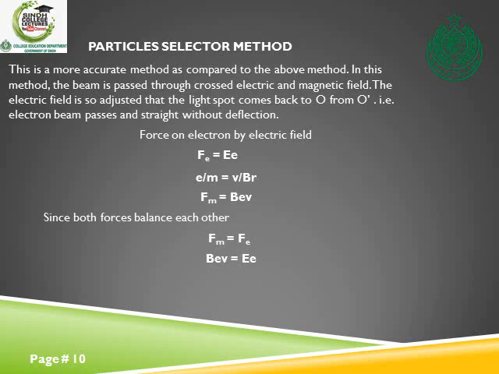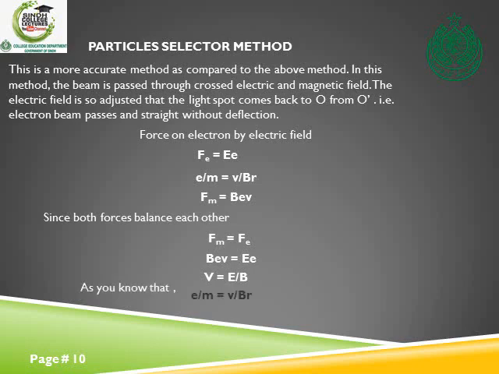Now in this equation, capital B is magnetic induction, e is the charge of the electron, v is velocity. On the right hand side of the equation, we have capital E, which is the electric field, and small e is the charge of the electron. Now e and e cancel on both sides, so the velocity equation is electric intensity divided by magnetic induction.